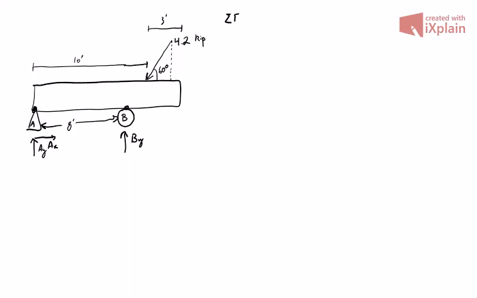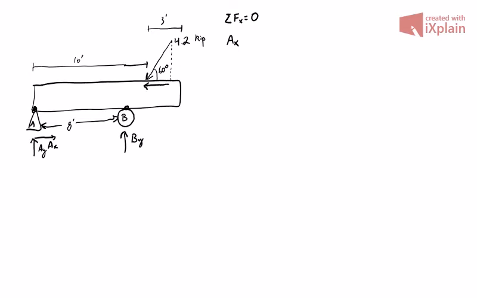We're going to look at the sum of the forces in the x direction, which we know is going to be equal to 0. So our first force in the x direction is pretty easy. It's AX, pointing off to the right. Now our second force is this 4.2 kips at a 60-degree angle, so we need to break that up into x and y components.